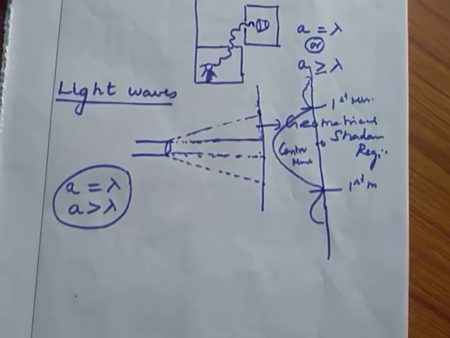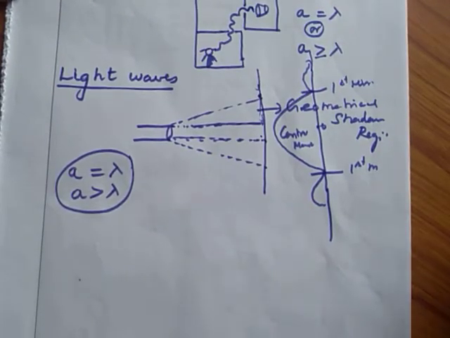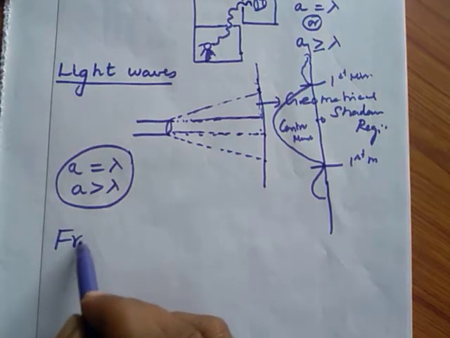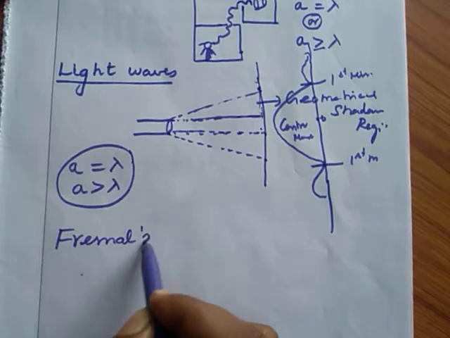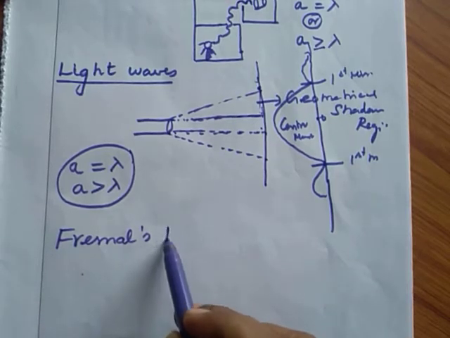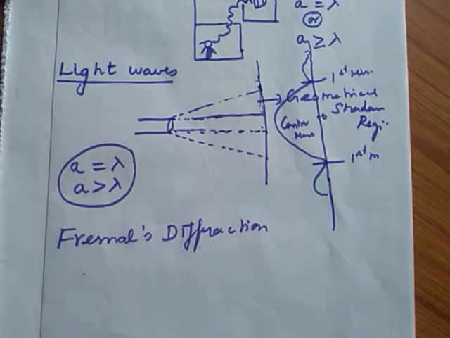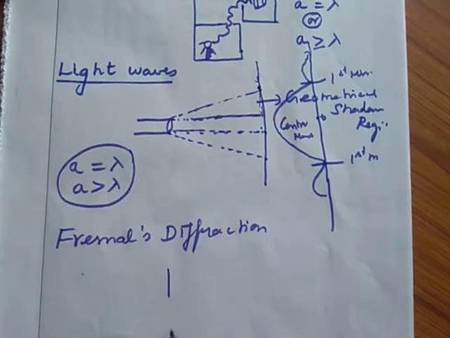Two scientists, Fresnel and Fraunhofer, conducted two experiments to explain the diffraction phenomena. First, let us see Fresnel's diffraction. For that he considered a single slit.